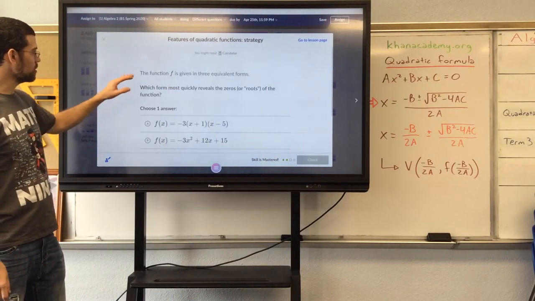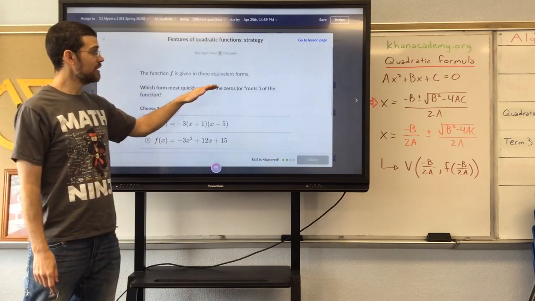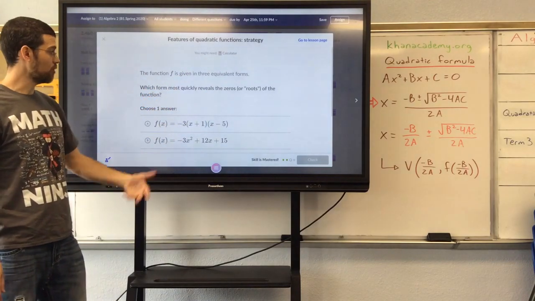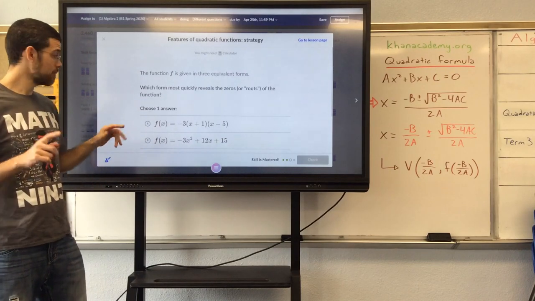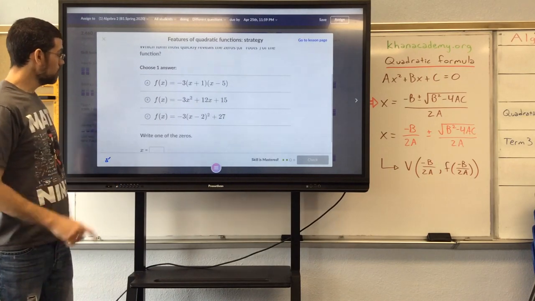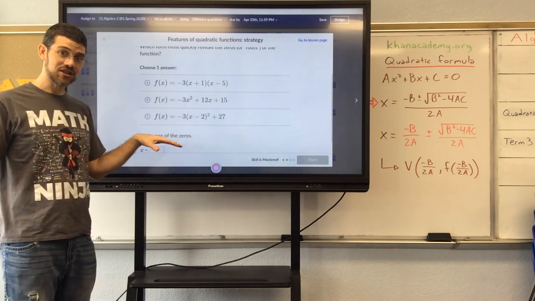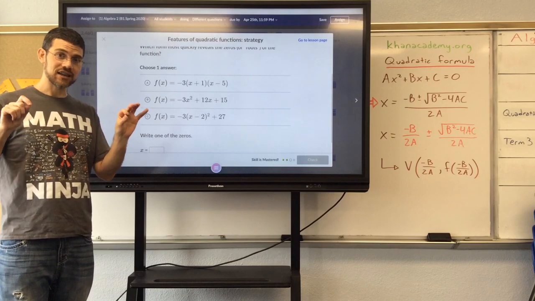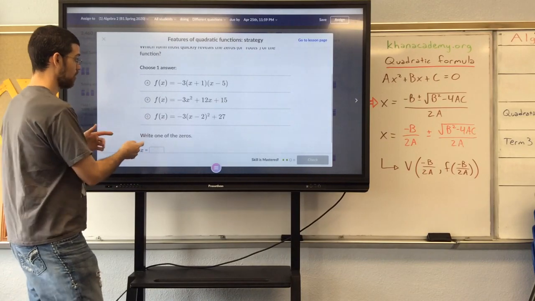Next question, the function f is given in 3 equivalent forms. Which form most quickly reveals zeros, or roots of the function, that is, places where the function crosses the x-axis. So, where the function crosses the x-axis, that means it's points on the x-axis, that means that the y-coordinate is 0, right?